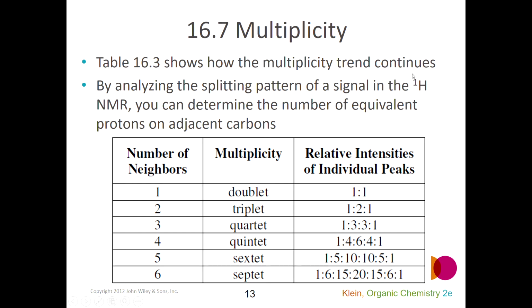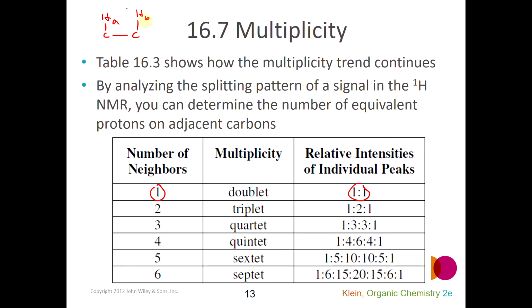So if we look at the patterns that emerge here with the scenarios we've already looked at and other scenarios, what we see is a trend where the number of peaks is one more than the number of neighboring hydrogens. Right? So if I have one neighboring hydrogen, that will split that into a doublet.